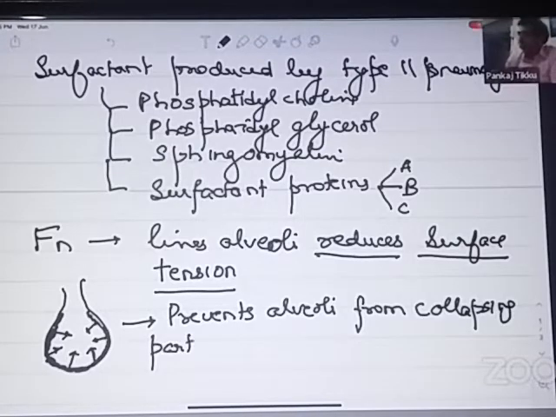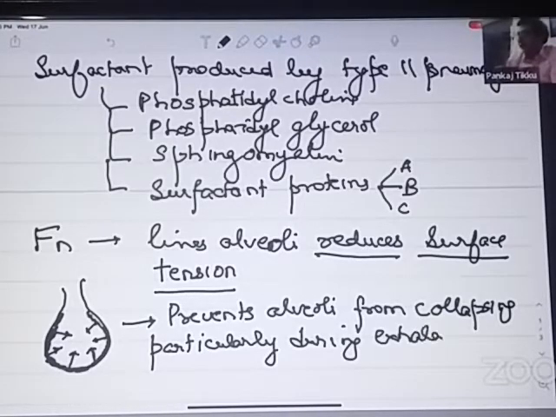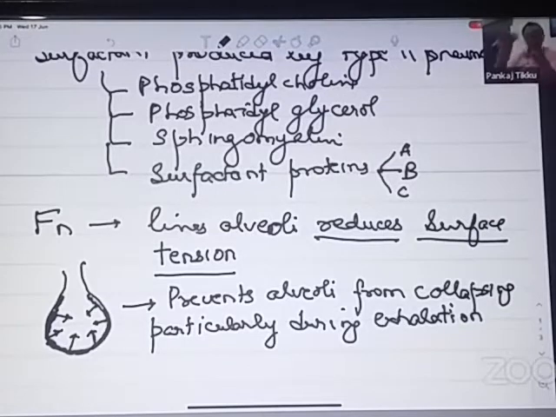Particularly during expiration, when we are exhaling. So just try to understand. When we take in air, the alveoli open up.